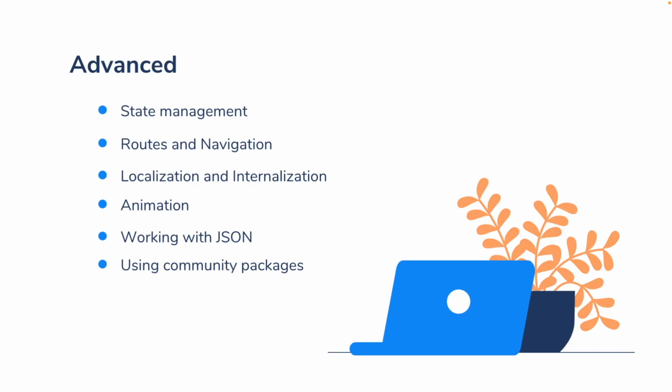After that, how you should work with JSON. You will use the Dart convert package, which is provided by Dart itself. And after that, how to use community packages, which you should get familiar with by going to the pub.dev website. You can find a lot of community-built packages over there.